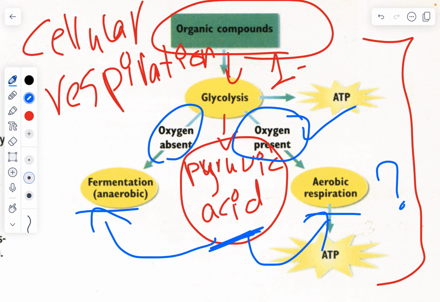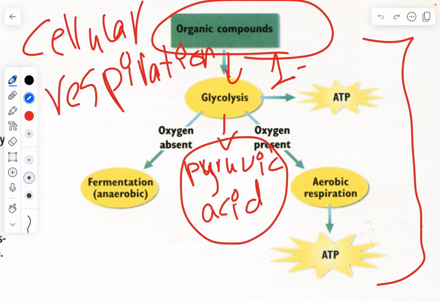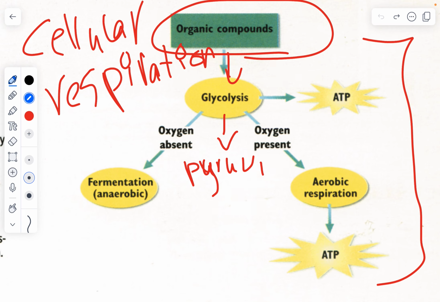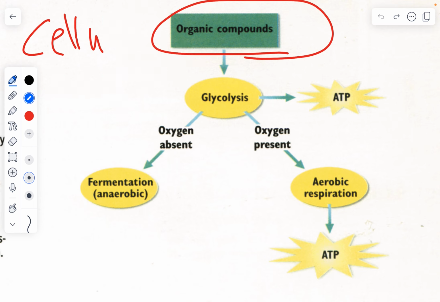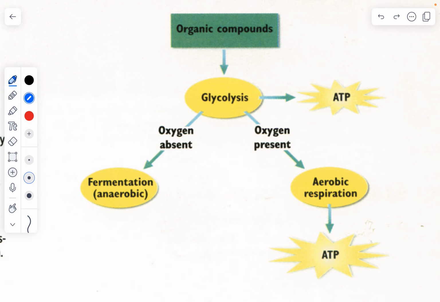So one more time, let's clean all those and recall it again. We are saying at the end of glycolysis, we have what? At the end of glycolysis, we have pyruvic acid, or the product of glycolysis is what? Is pyruvic acid.